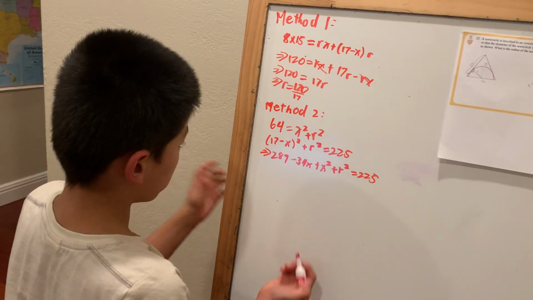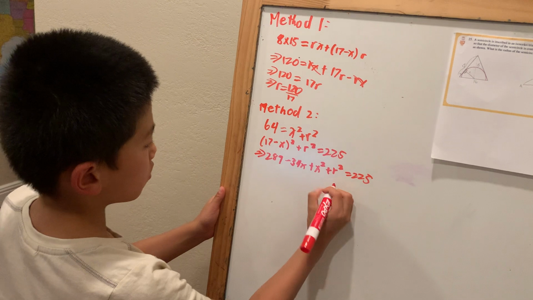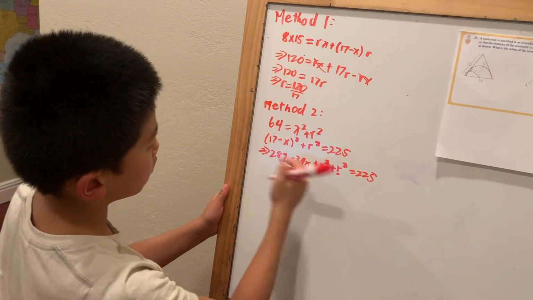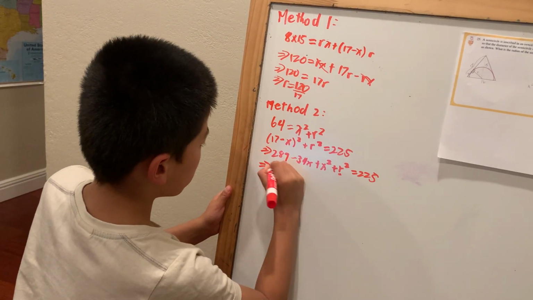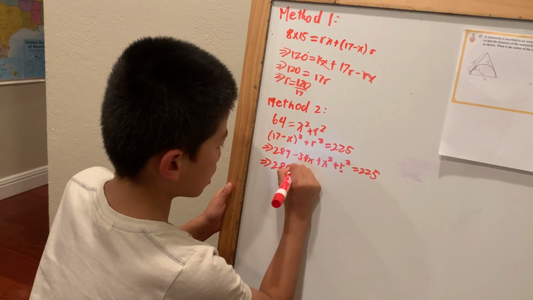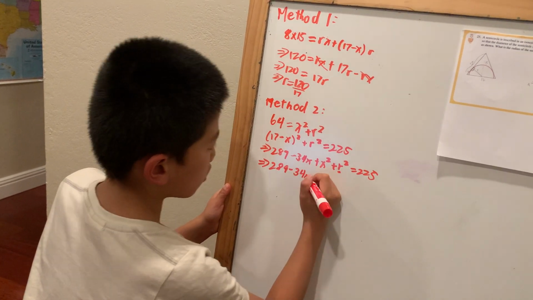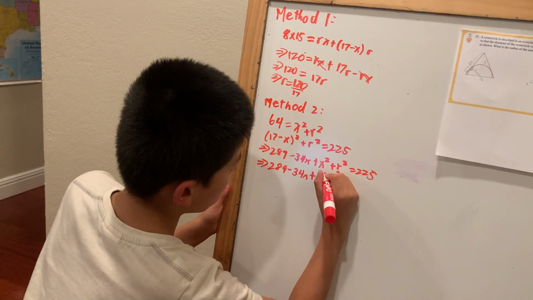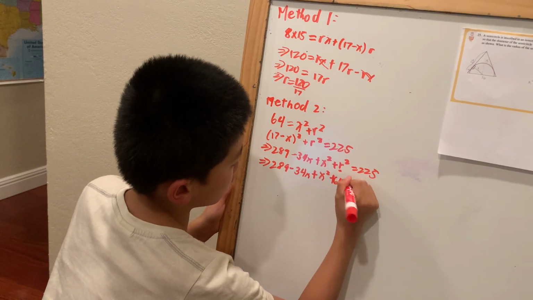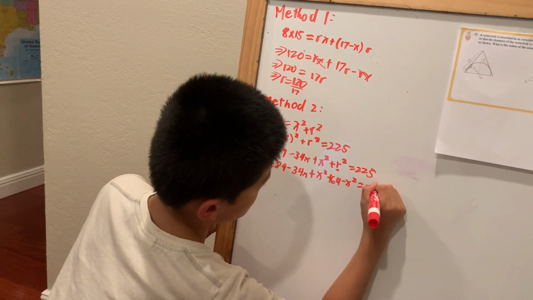So I'm going to use substitution here, and we're going to substitute r in terms of x. So that means that 289 minus 34x plus x squared plus 64 minus x squared equals 225.